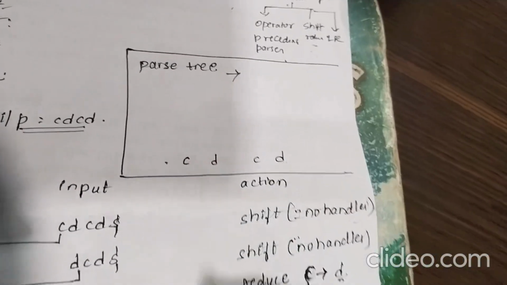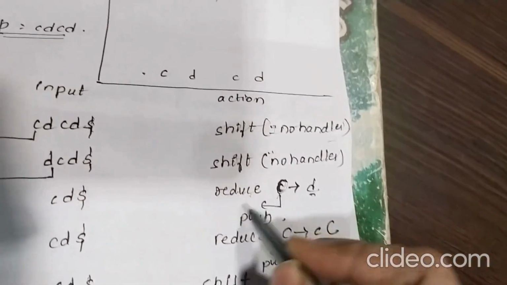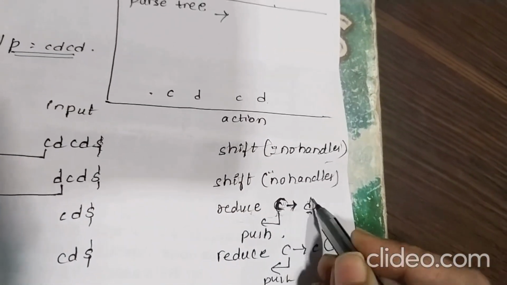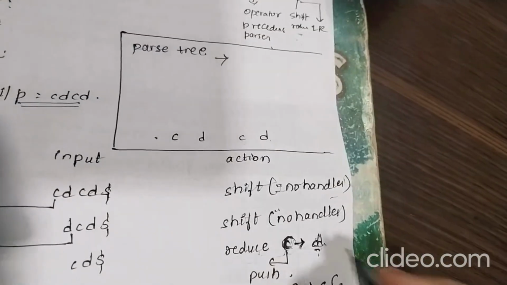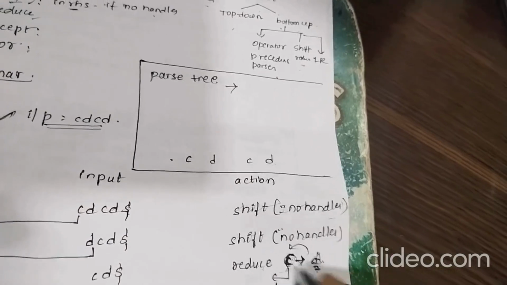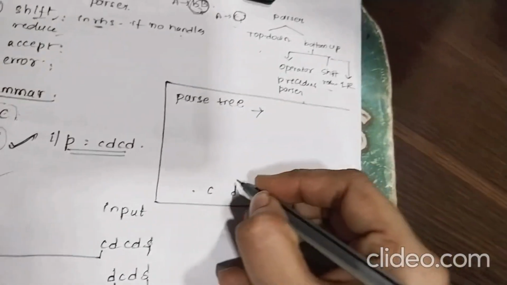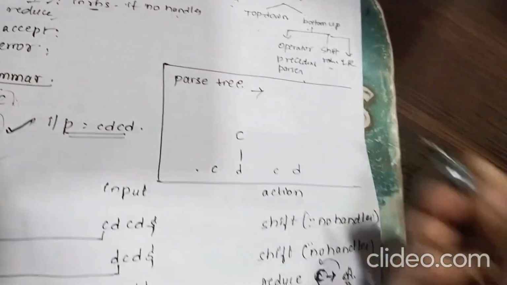So first reduce action, where we got reduce, capital C produces D. So in place of this D you need to write this, because this is deriving the D, right? So in place of D write capital C.